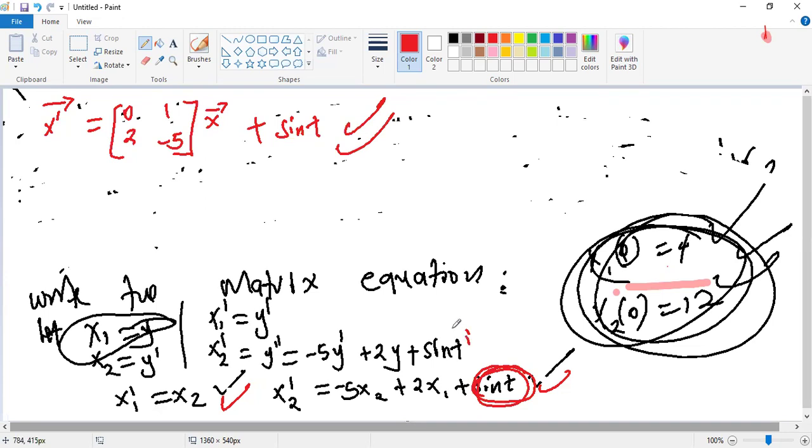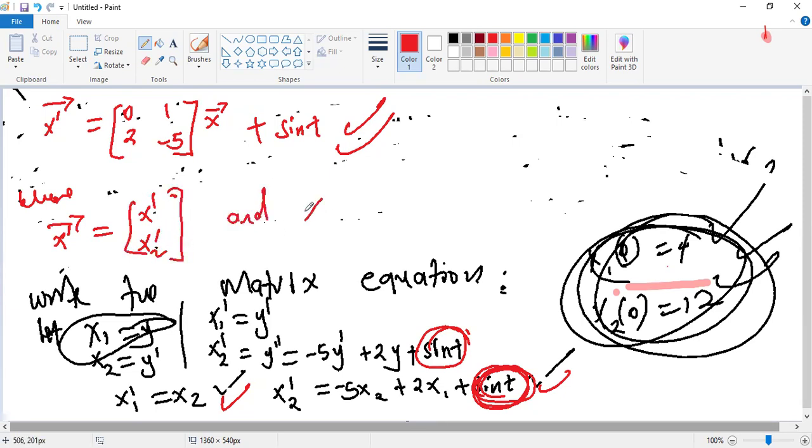Don't forget the sine t. The sine t is just standing on its own, so we write it here on the side. I hope we are okay. Where x prime bar is equal to x1 prime, x2 prime, and x bar is equal to x1, x2.